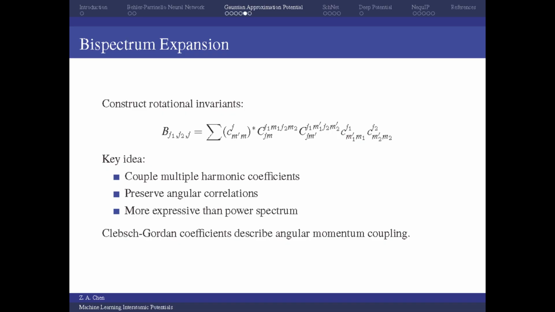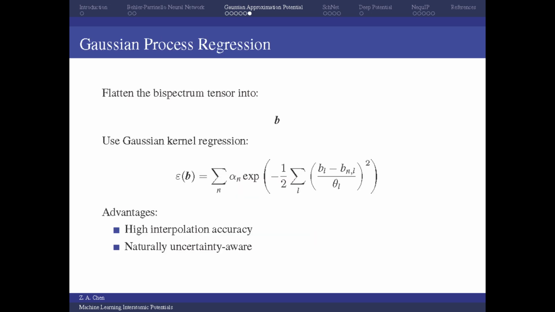This is extremely important because it allows the descriptor to distinguish different local geometries more accurately. Finally, the bispectrum coefficients are flattened into a vector and used for Gaussian process regression with a Gaussian kernel.